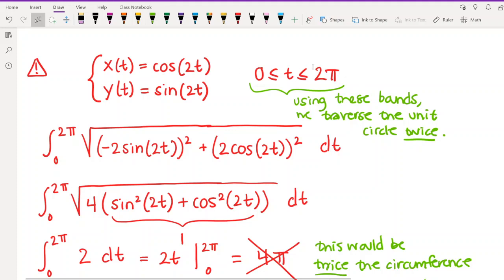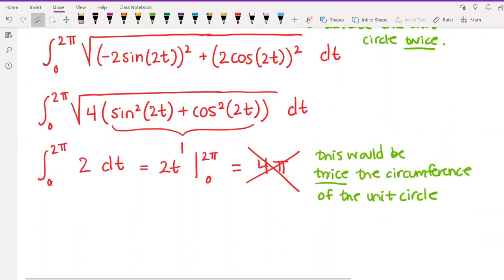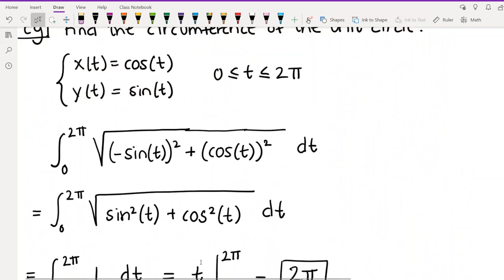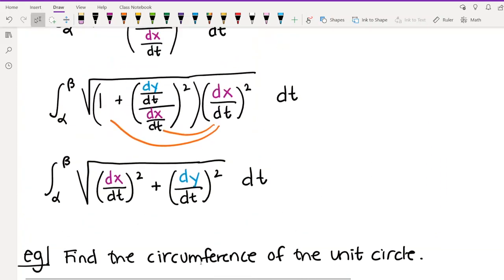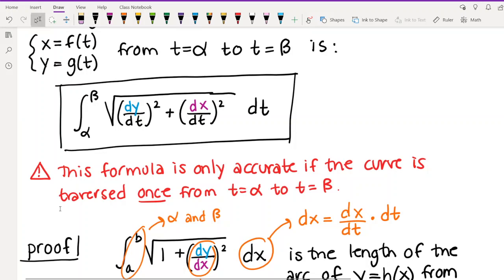If you went through the same process with bounds from 0 to pi, you would get 2 pi as your answer, and so it would be correct. Again, you just need to make sure that as you go between those bounds, your graph is not repeating itself and getting multiple copies of the part of the graph you're looking at.